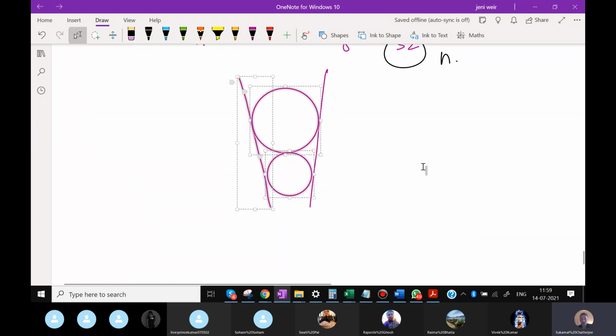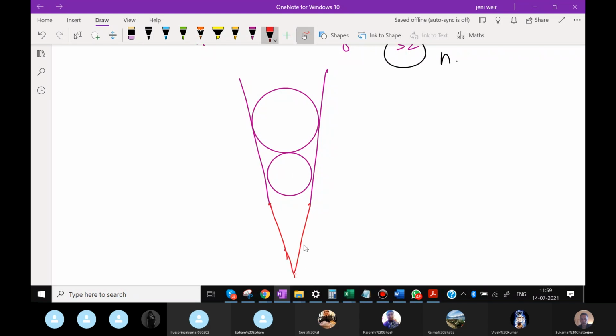So that means, if this is R and this is small r, then if I join these two and I extend it, this will be the bisector of this angle, right? Yes, sir.